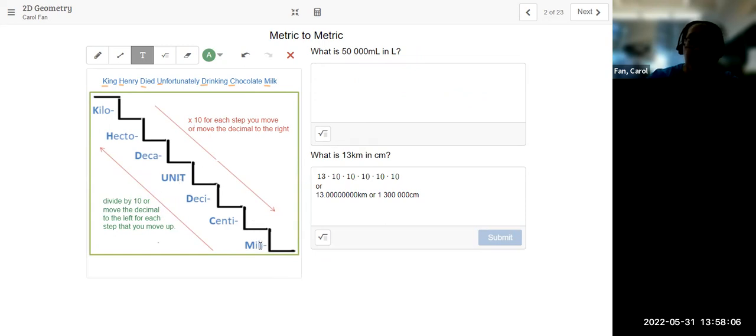So from milli to the main unit, I'm taking 1, 2, 3 steps. So my decimal is here. I'm going to move my decimal to the left by 3 units. So 1, 2, 3. So this is equivalent to 50 liters.